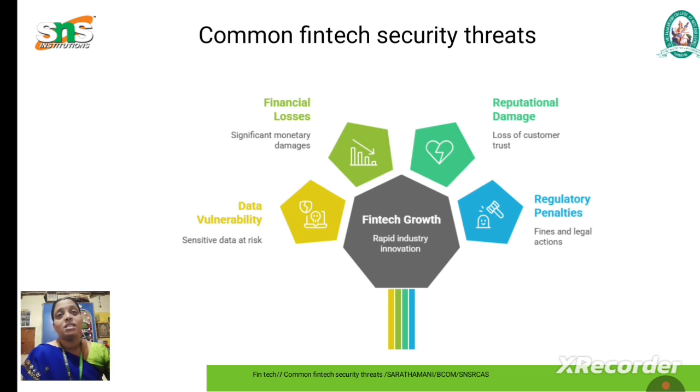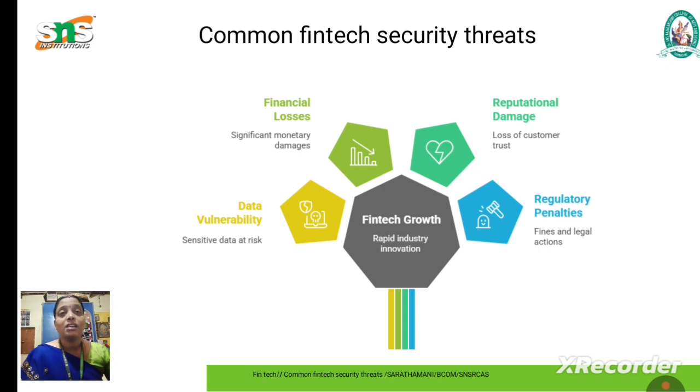Okay, the next threat is malware attacks. Malware attacks, including viruses, worms, and ransomware, can infect financial systems and compromise sensitive data. Malware can be spread through various means such as infected email attachments, malicious websites, and compromised software.